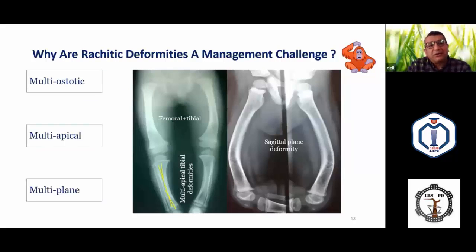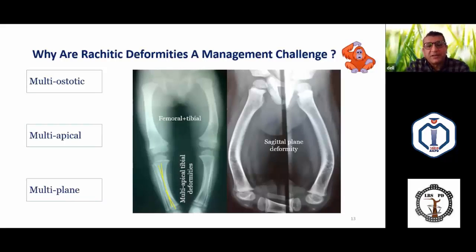But we have to ask ourselves, why are rachitic deformities a management challenge? Many physicians have the impression that rachitic deformities are more or less simple deformities, but that's really an inaccurate assessment. If we take a deeper look into rachitic deformities, we find that they are actually complex deformities and pose a serious management challenge.